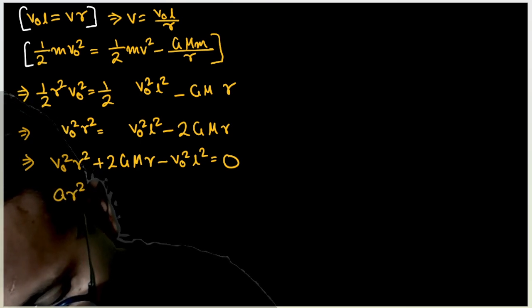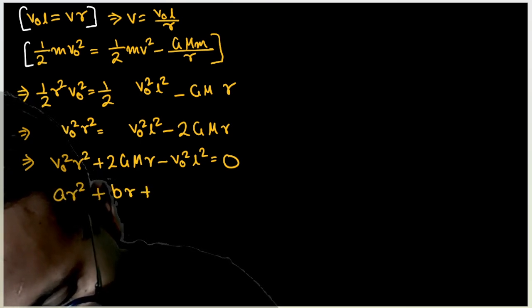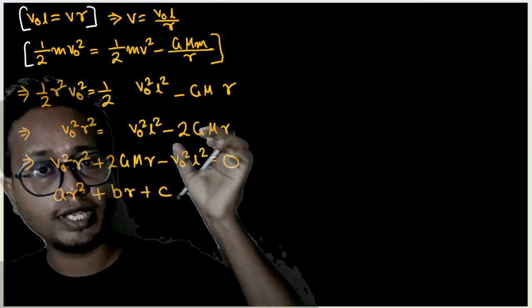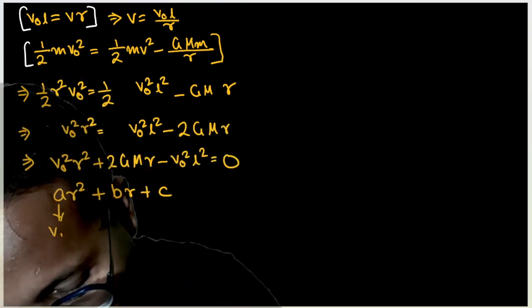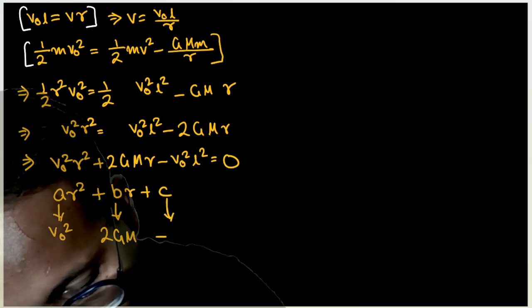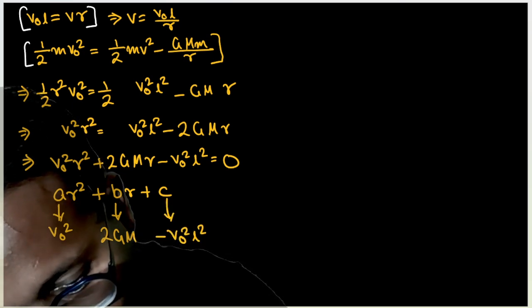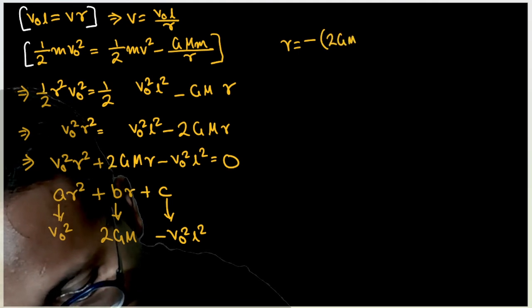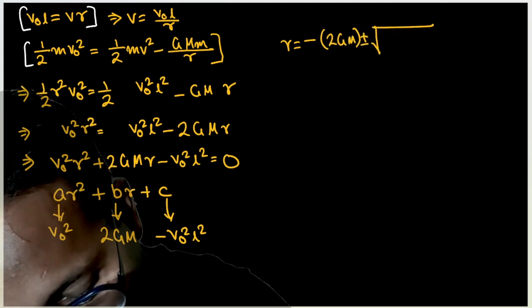So this is written in the form ar square plus br plus c. The roots of a quadratic equation are minus b plus minus square root of b square minus 4ac by 2a, where a is v naught square, b is 2GM, and c is minus v naught square L square.